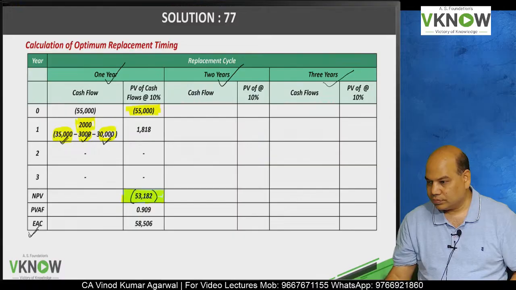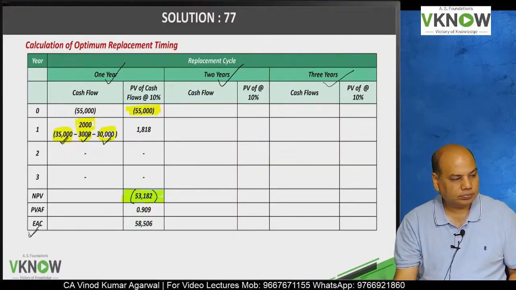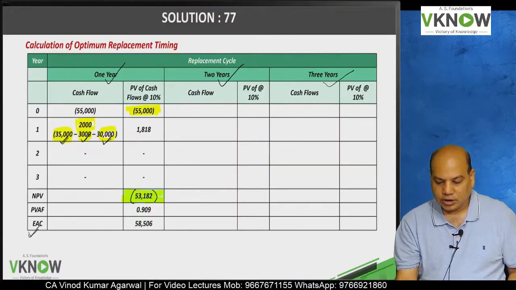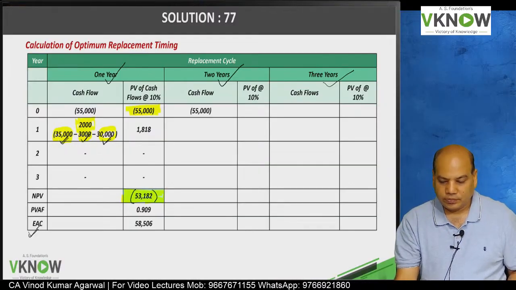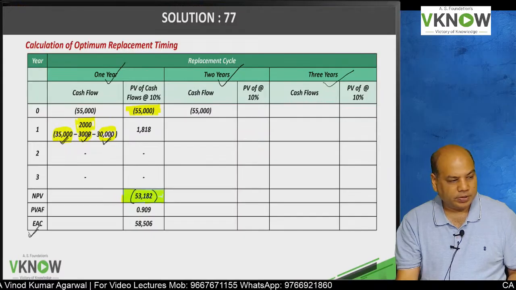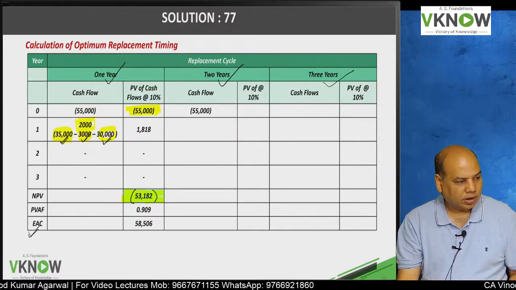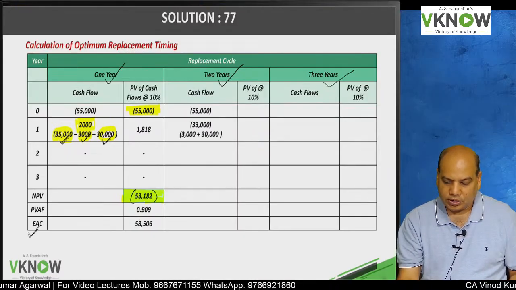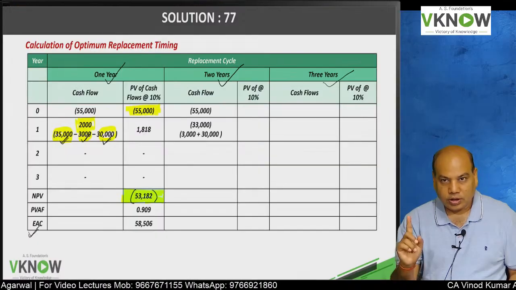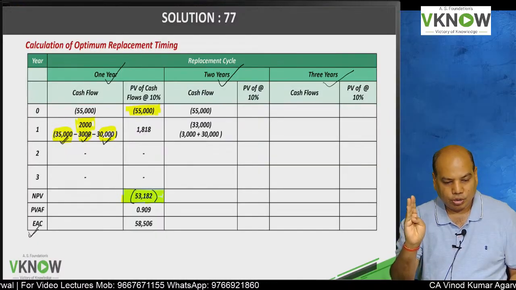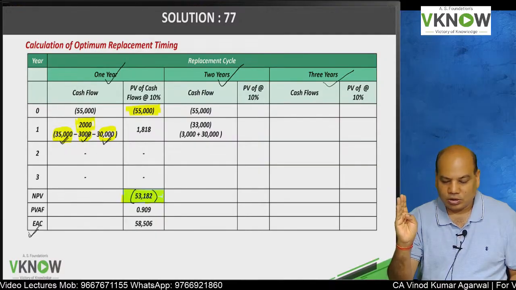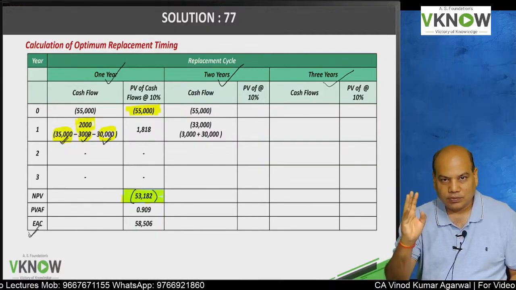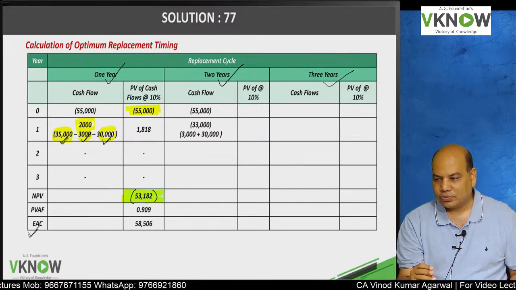Now we'll come to the second year. Suppose you want to replace after every 2 years. Cash flow will be 55,000 in year 0. Year 1 cash flow will be road tax 3,000 and repair, maintenance and petrol 30,000, total 33,000.